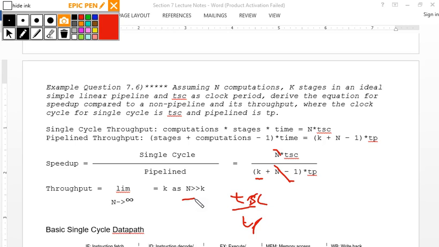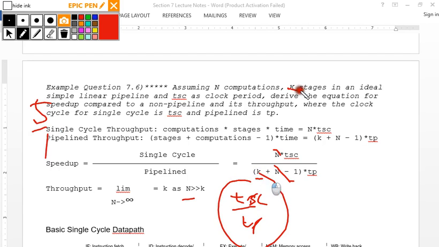Going back to single cycle, how many instructions do we have in the MIPS data path at once? Just about 1, right? So if I have a pipeline data path, how many instructions can I have? 5, right? So it's going to be 5 over 1, and that is going to be that ratio.